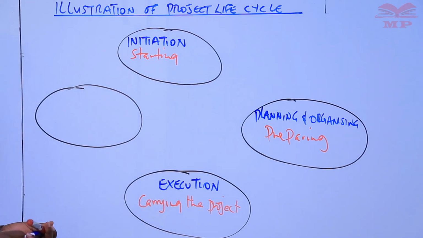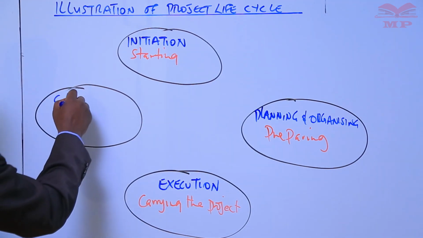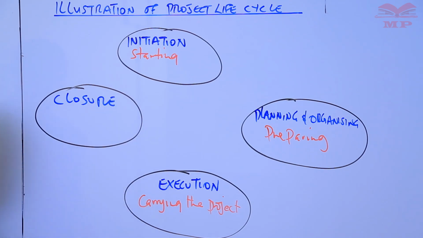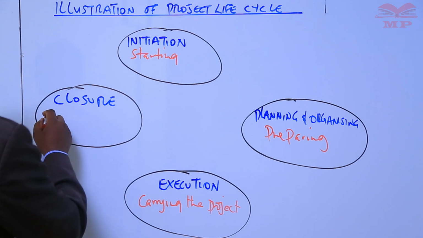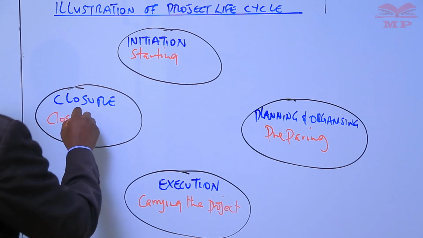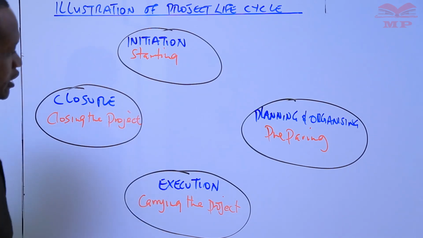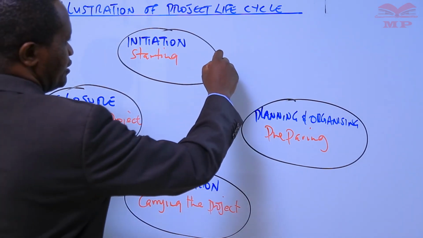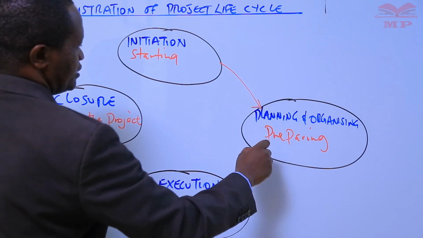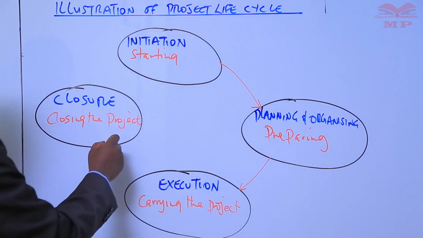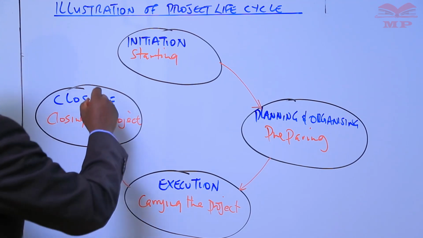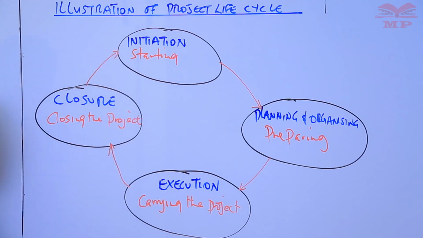Then lastly we have the closure phase, which is just ending or closing the project. So these are 4 phases. And that's the illustration of a project life cycle.